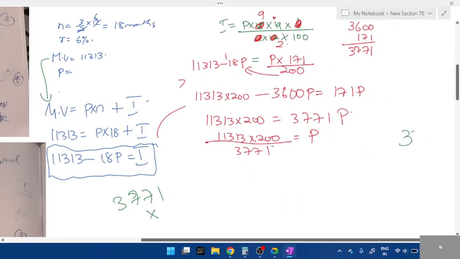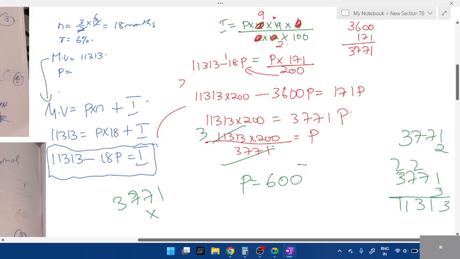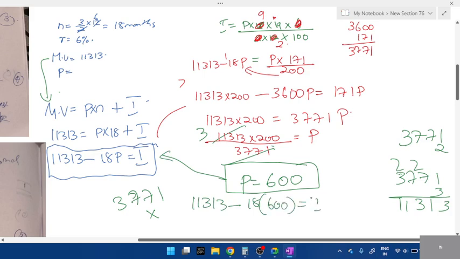Or you can take 3771 multiply into 2. Okay, so if you multiply into 3, P is equals to, if you substitute here, completely understood. Check this.